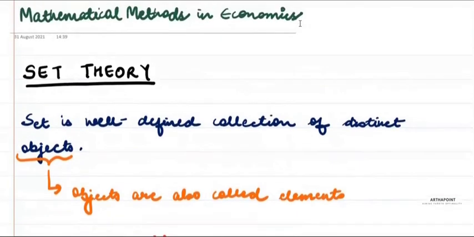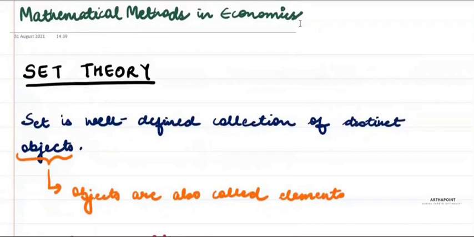Now, there are various things that we have to understand in the definition of sets. A set is a well-defined, and I will go through each word of this definition together with you, collection of distinct objects.